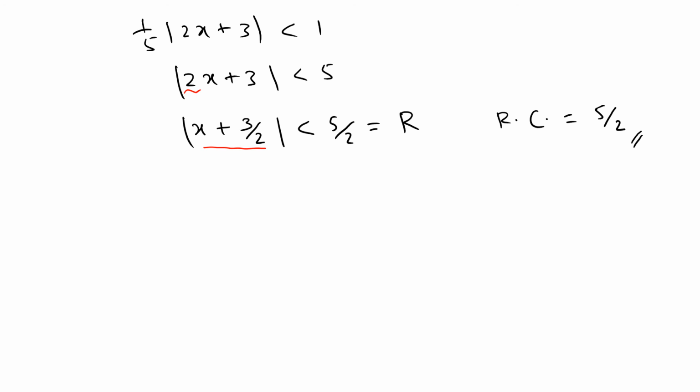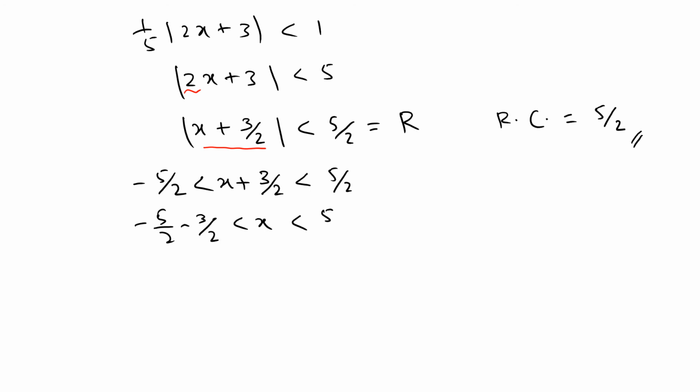Good. Now let's continue to find the rest. We know the next step: x plus 3 halves. We can write this less than 5 halves and greater than negative 5 halves. Then we subtract 3 halves from both sides. So this is x, and this is 5 halves minus 3 halves.